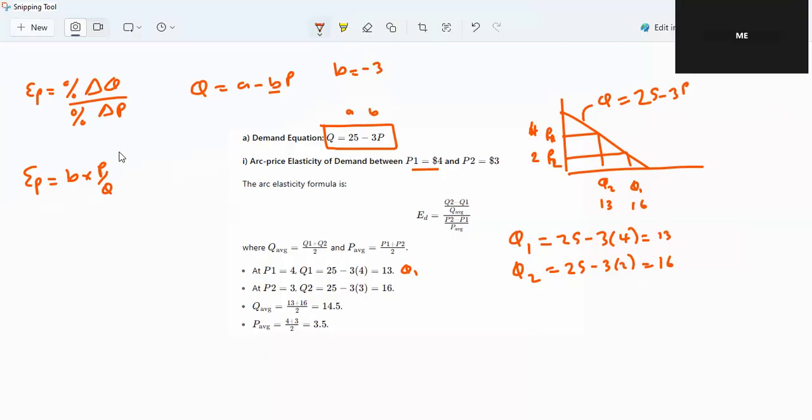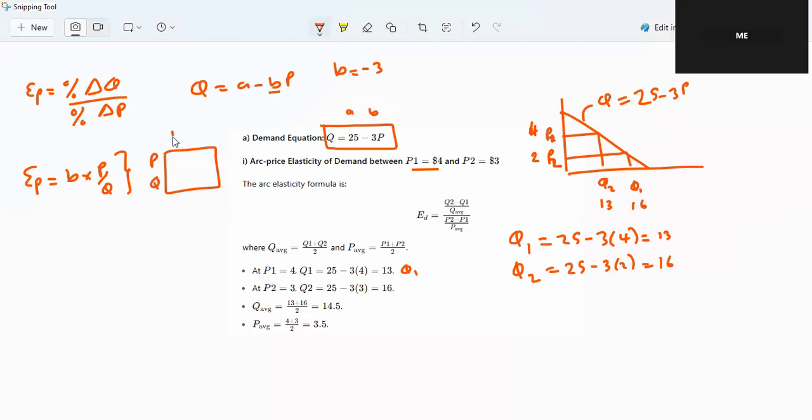Point elasticity of demand tells you what kind of elasticity you have at a particular point. We want to know at the point where the price is 4 kwacha.